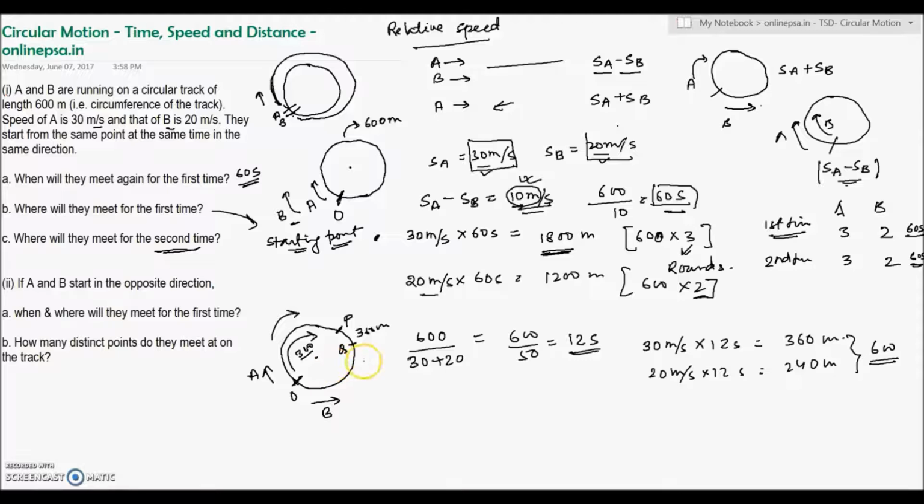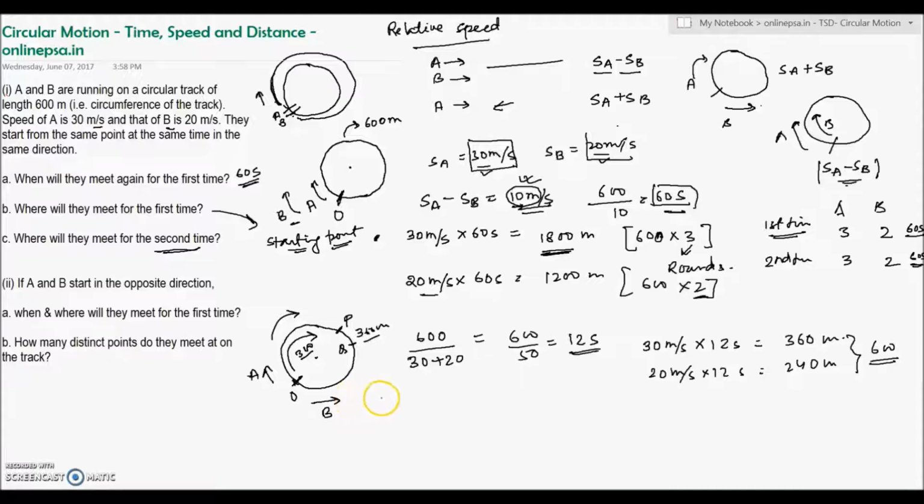So they meet at a point Q, which is at a distance of 360 meter on the circle in the clockwise direction. And the next question is, how many distinct points do they meet at on the track?